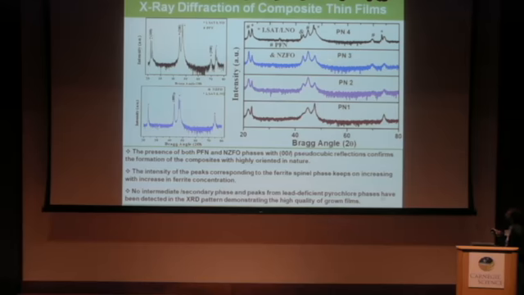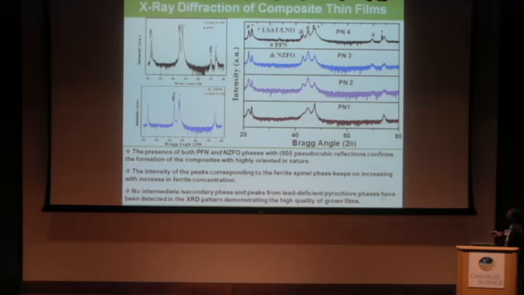Here, in the composites, we observe both phases. The H00 peaks correspond to PFN, and the other peak corresponds to NZFO. So we observe both PFN and NZFO peaks, and so we can tell that the composite structure has formed.